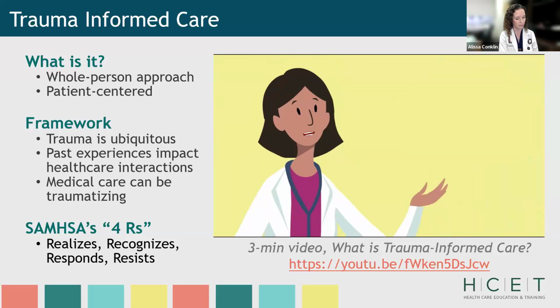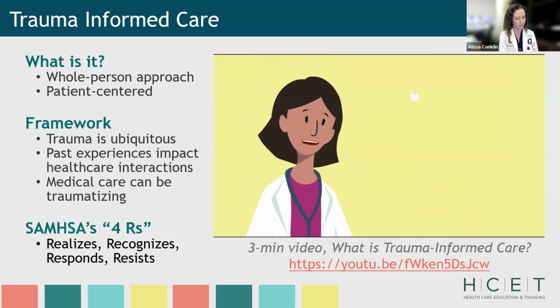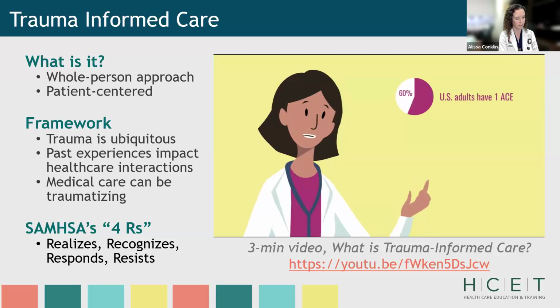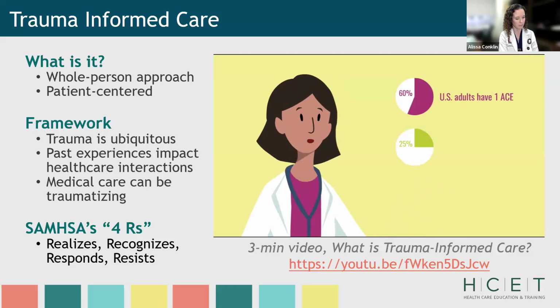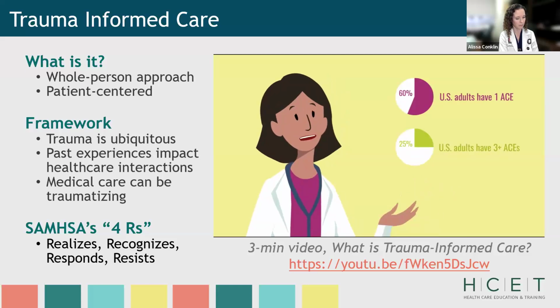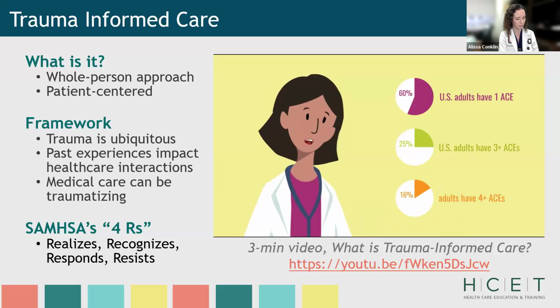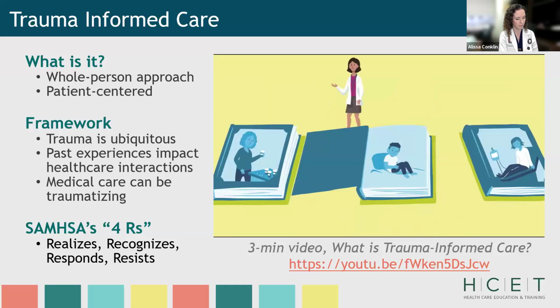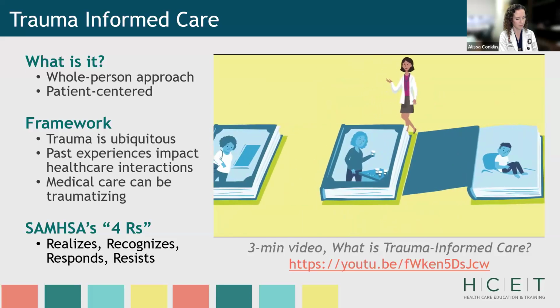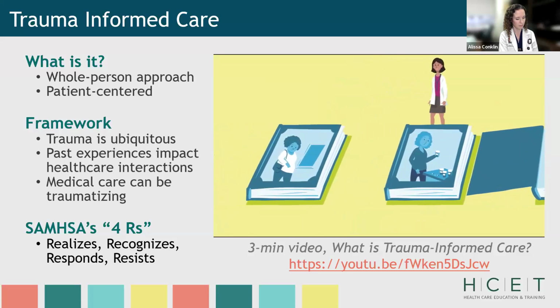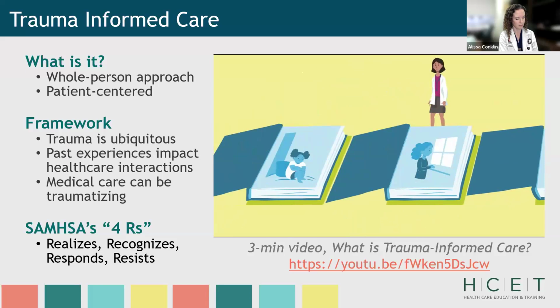ACEs are more common in the US than you'd think. In fact, 60% of US adults have one ACE, 25% have 3 or more ACEs, and 16% have 4 or more. ACEs occur in all socioeconomic groups, but are more common in low-income and minority populations.